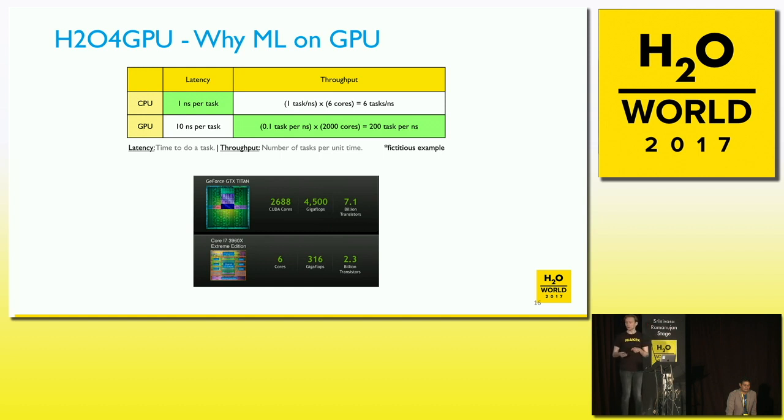With GPUs, the cores are not as powerful, but there are so many more of them that you can parallelize much better. So if your task is highly parallelizable, GPUs might be better. It also depends on the data size because transfer from your RAM to your GPU RAM is not free. This is what Ashish will show in the demo, why we're trying to keep everything on the GPU and why we have this whole Go.ai initiative.